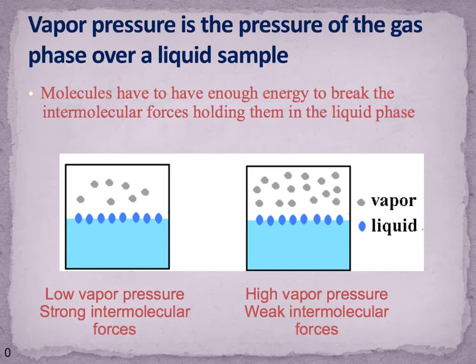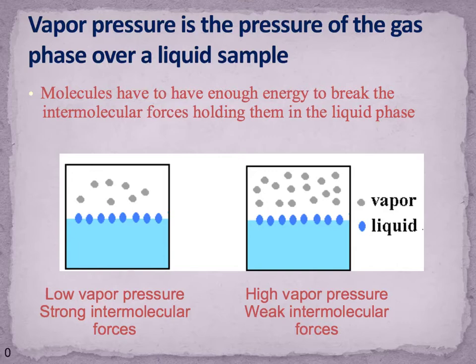And so what we're breaking when we go from the liquid to the gas phase is those intermolecular forces. Because remember, in the liquid phase there's still quite a bit of interaction between those molecules, and when we get into the gas phase, we've pulled those molecules apart, so there's virtually no interactions between them. The strength of the intermolecular forces tells us how much energy is going to have to go in to get a molecule into the gas phase.